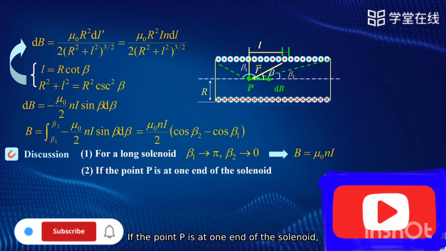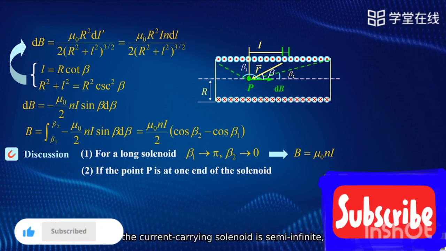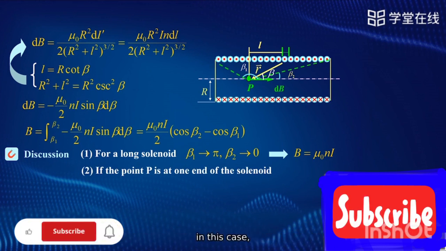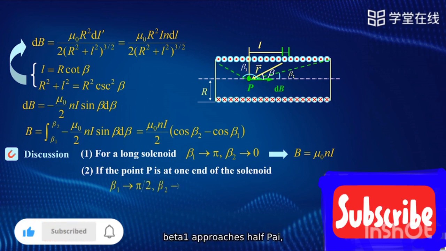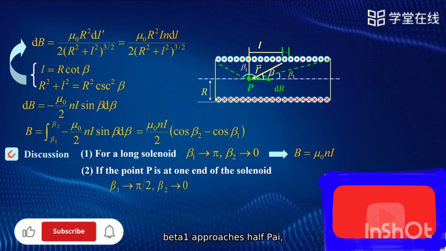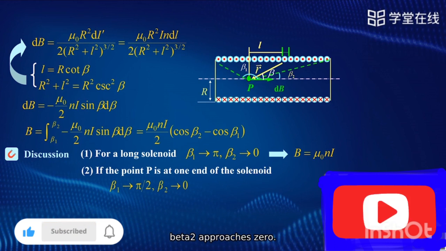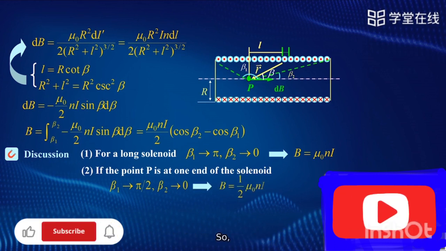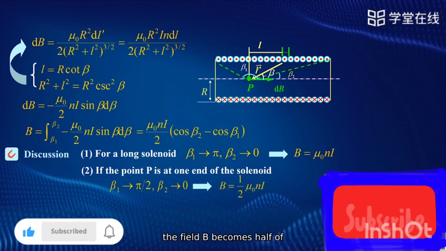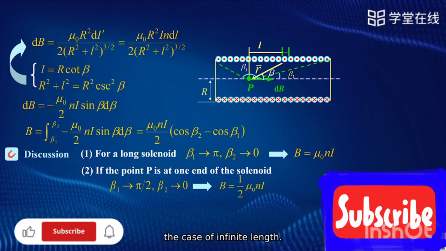If the point P is at one end of the solenoid, the current carrying solenoid is semi-infinite. In this case, beta 1 approaches half pi, beta 2 approaches 0. So, the field B becomes half of the case of infinite length.